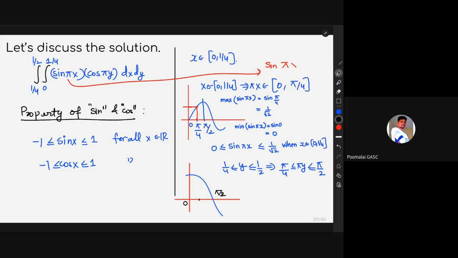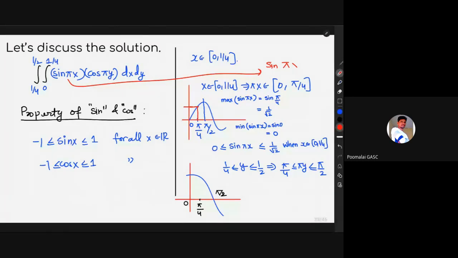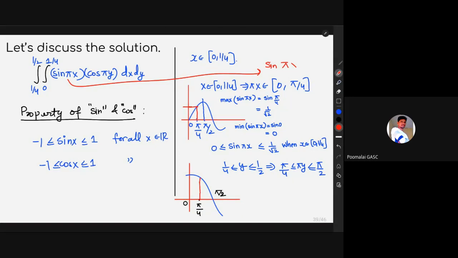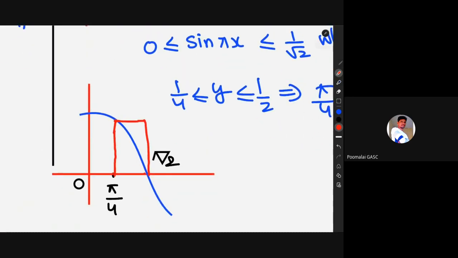Somewhere between it will be pi by 4, and the function is varying from pi by 4 to this region. So we are only interested in this box part.